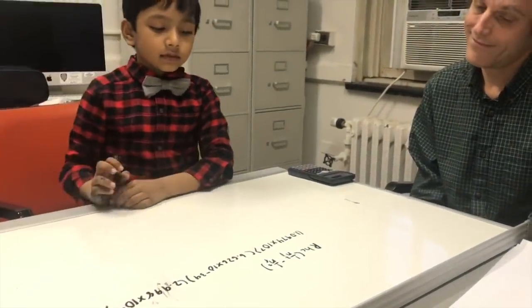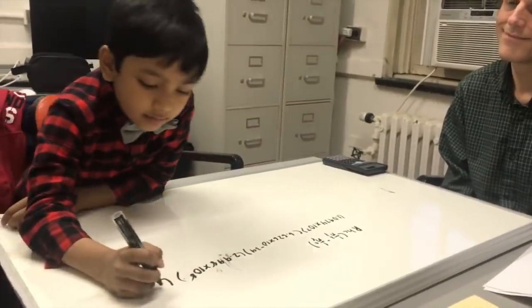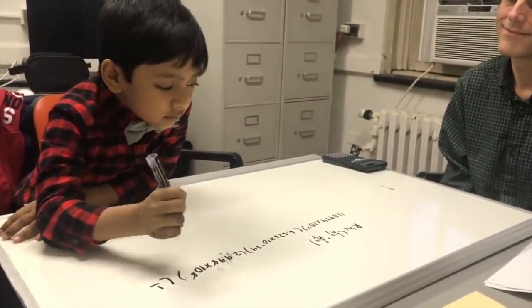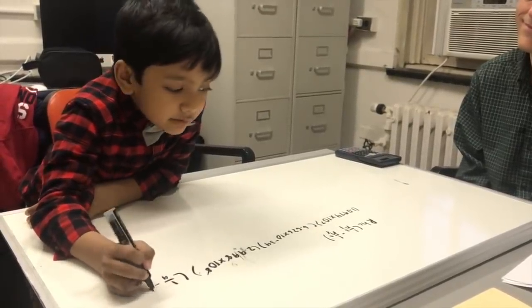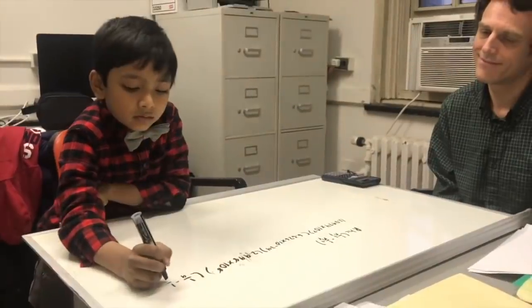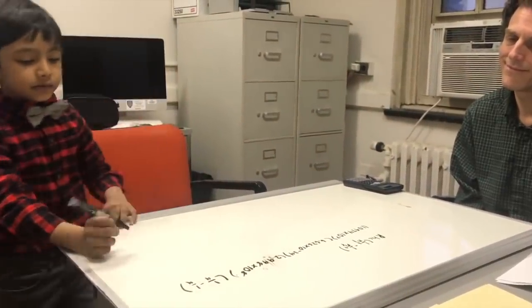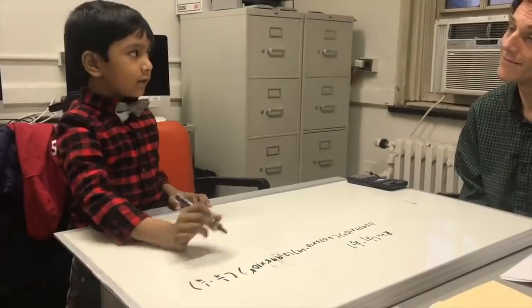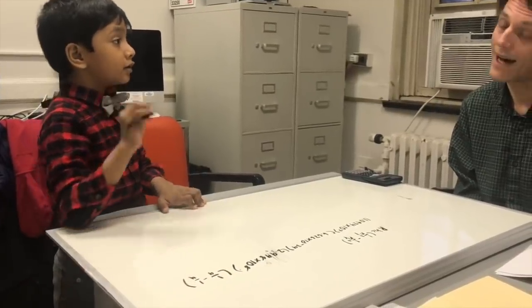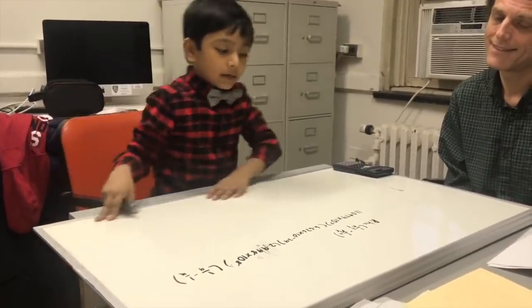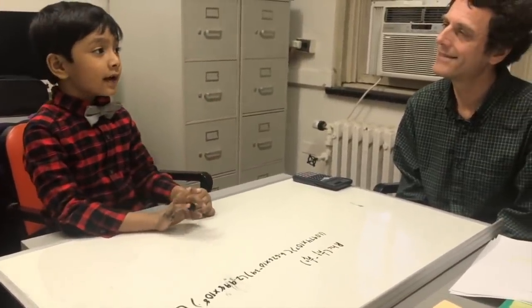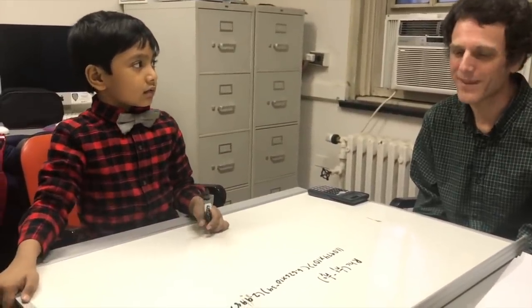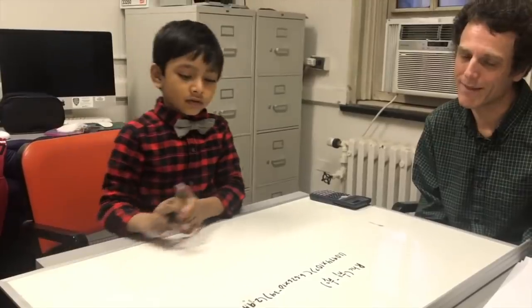So 1 over n initial squared: 3 squared is 9, minus 1 over n final squared: 2 squared is 4. We need a negative answer here. That means it's going down. If there's a positive answer here, I'm pretty sure it goes up. If it's positive, it would be going up.